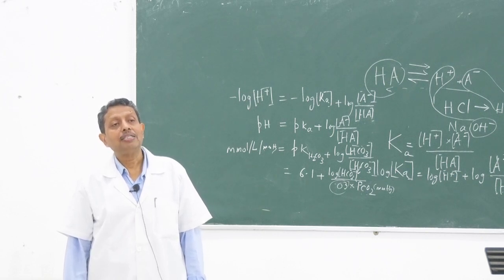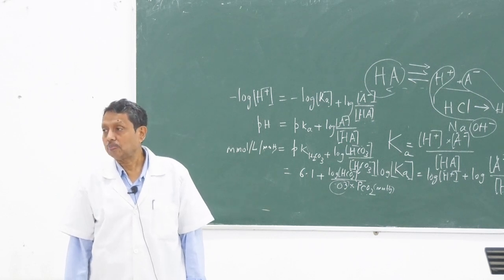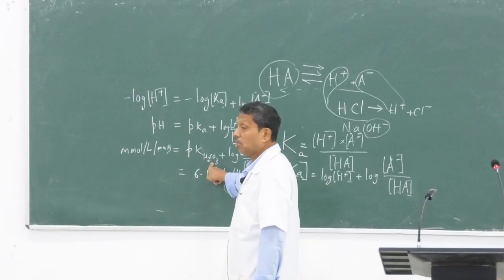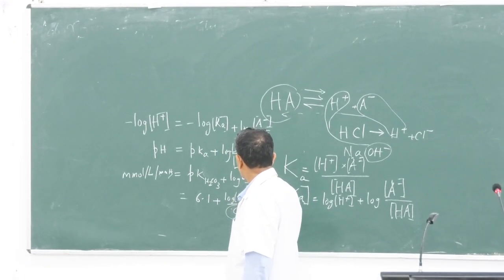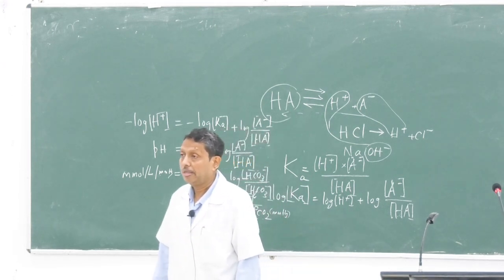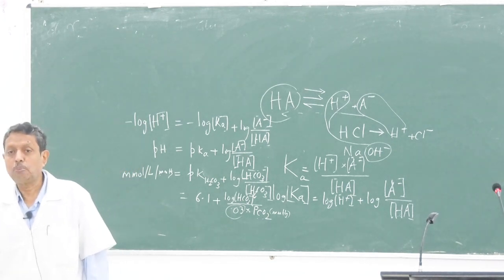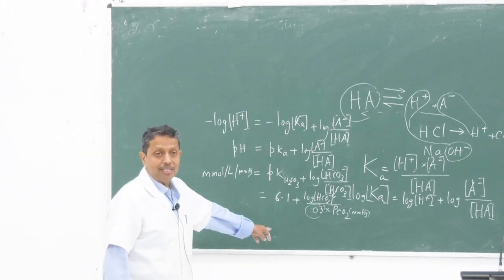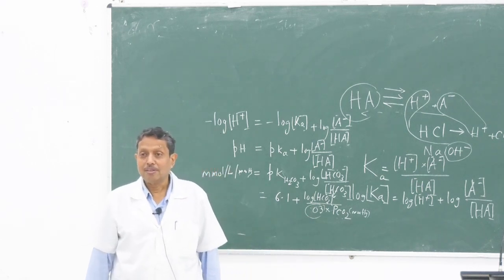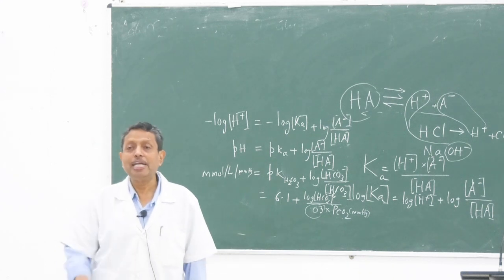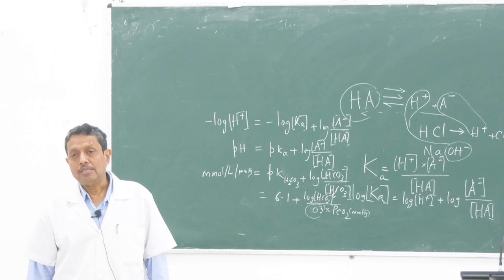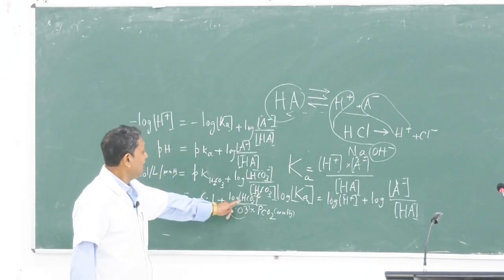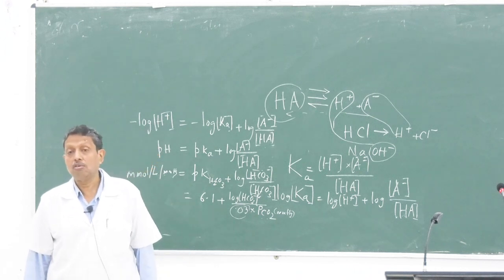The 6.1 contains both the pK of H2CO3 and the dissociation constant of H2CO3 into CO2 plus H2O. Clear? This is clinically useful because pH can be recorded with a pH meter using a hydrogen electrode, PCO2 can be measured by an electrode, and from this formula bicarbonate can be calculated.